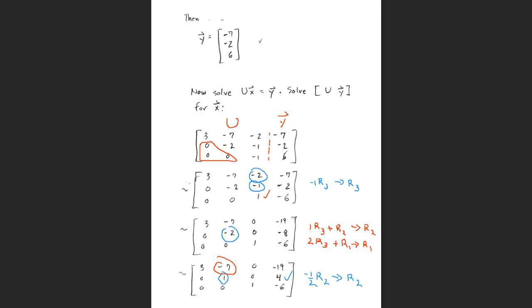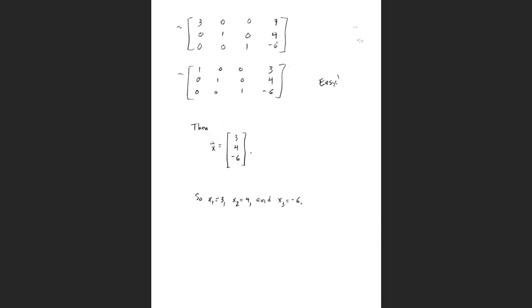Okay. So now what we're going to do is use this one as a pivot to produce a 0 where that -7 is. And we'll do that on the next page. So what we did was, let me just go back for a minute.